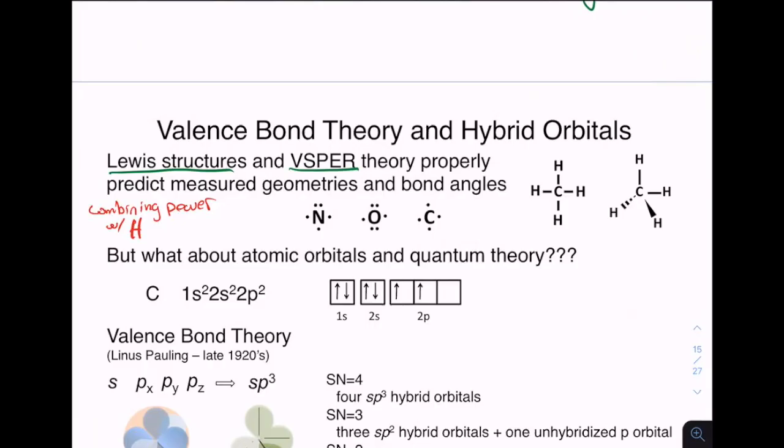And that's nicely explained by the Lewis symbols, because the unpaired electrons are the ones that are available to form covalent bonds, right? Unpaired electrons available to form covalent bonds.